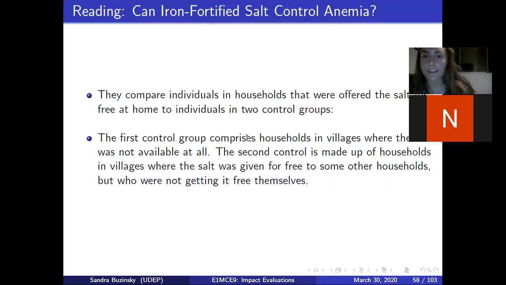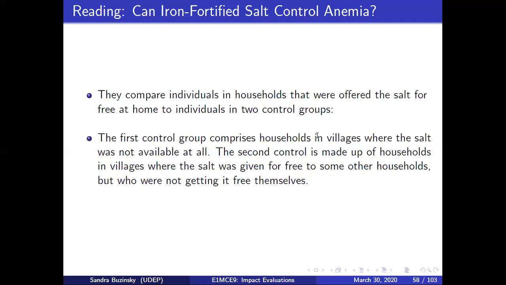They did not have access to this salt that is iron infused. And then the second control group is made of households in villages that were given, okay, so basically these households were not given it for free themselves, but they're within villages where the salt was given to other households for free.